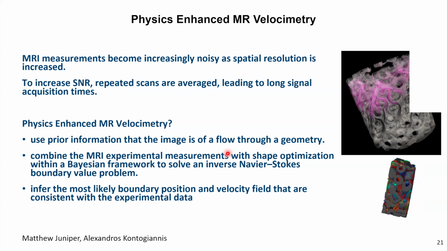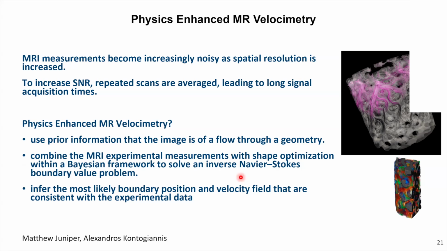So one thing that we're working on in terms of data reconstruction is physics enhanced measurements. This uses knowledge that the fluid should be following the Navier-Stokes equations and some experimental data, using a Bayesian framework to optimize the geometry of the system to produce the geometry and flow which is most likely to come from the experimental data that we are producing.